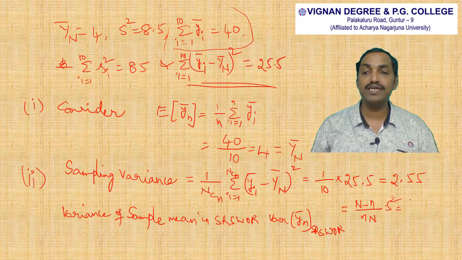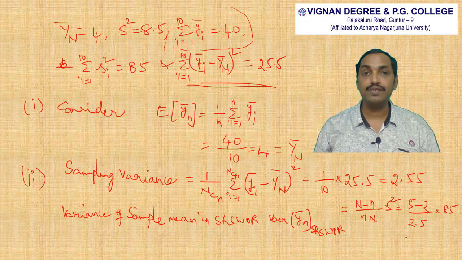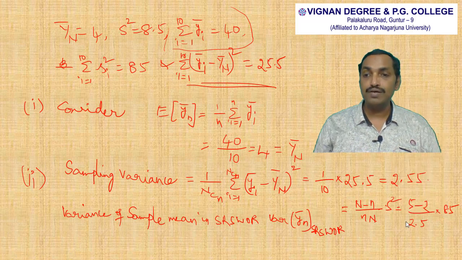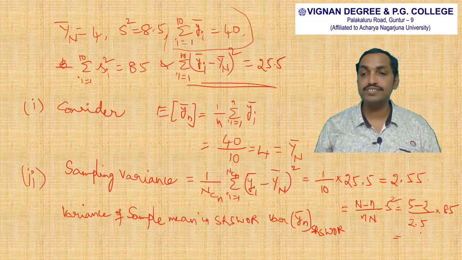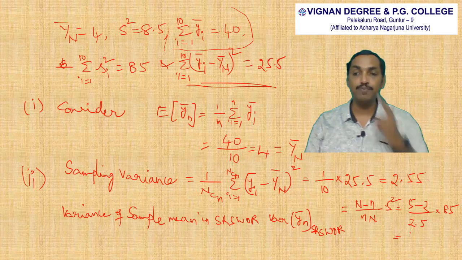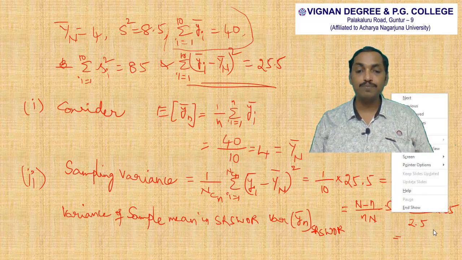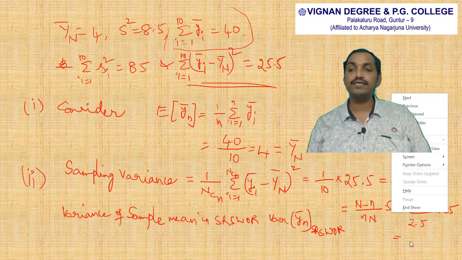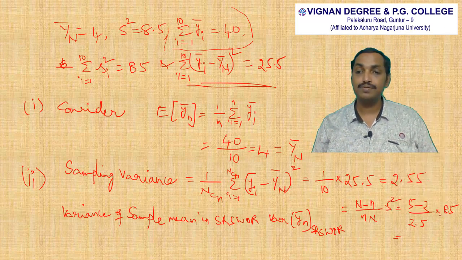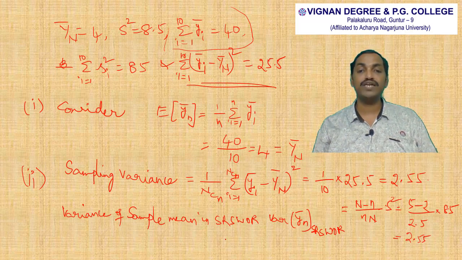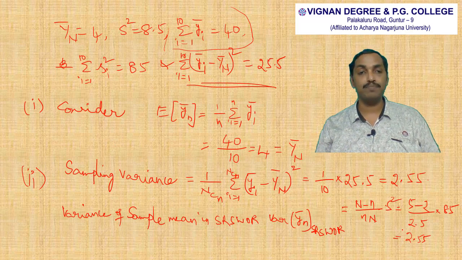That is equal to capital N is 5 minus small n is 2, 5 minus 2 divided by 2 into 5 into 8.5. Capital S square value is 8.5. That is equal to 5 minus 2 is 3, 3 divided by 10, that is 0.3, 0.3 into 8.5, it gives me 2.55. So the sampling variance is equal to the variance of sample mean in this particular problem.